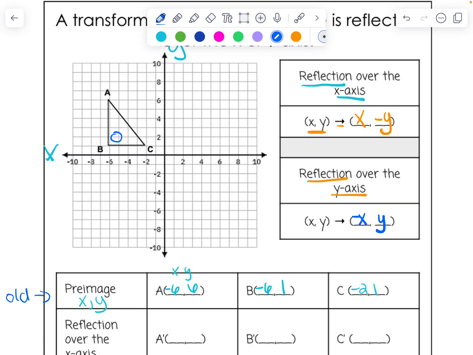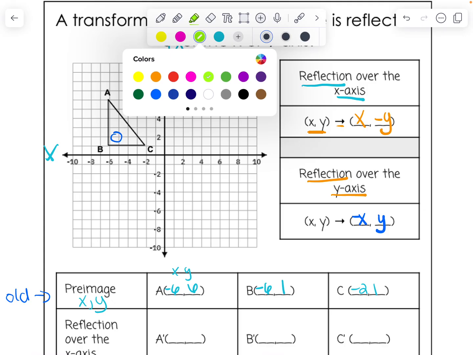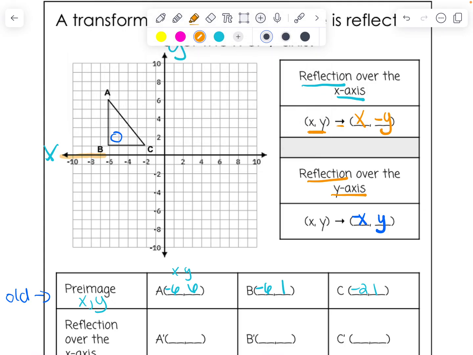Okay, so when you reflect over the x-axis, which is this axis right here, it's just going to flip from this side over to that side, over the x. That's all that's happening. So for example, this unit right here, the B, is only one distance away from the axis, so then my new B will be right here.